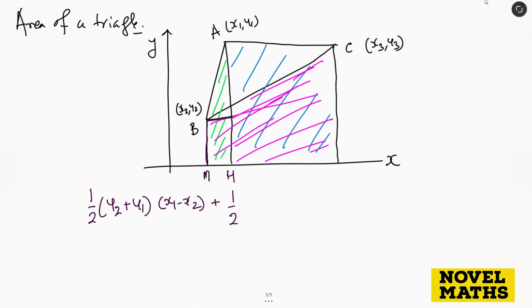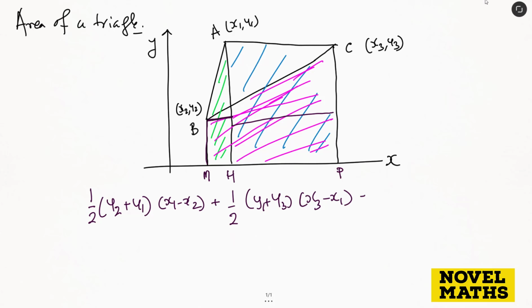Let's add the blue one, 1/2 of this altitude, y1 plus maybe CP, right? That is y3, and the distance between these two lines is x3 minus x1. All right, so now green and blue are done.